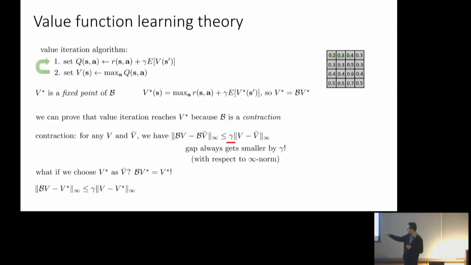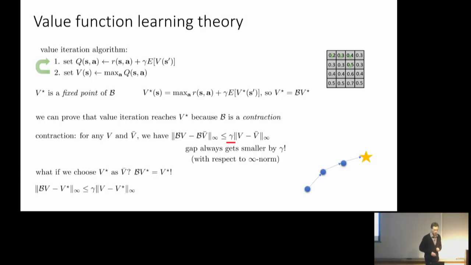So that means that if B is a contraction, then the infinity norm of B times V minus V star is less than or equal to gamma times the infinity norm of V minus V star, which means that each time I apply B to my value function, it gets closer to V star. V star doesn't get closer to itself because it's a fixed point, it just stays where it is, but V gets closer to it. So if I start off over here and my V star is over here, value iteration will gradually get me there.